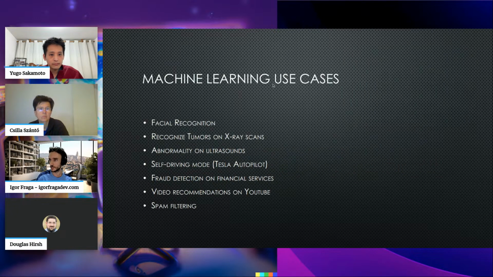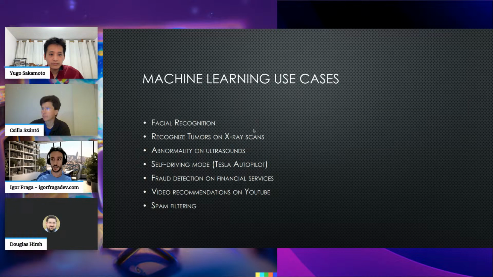Moving to a machine learning use case very quickly. We can use this for many cases. If in the place where you live you have facial recognition, it probably uses some kind of intelligence like the kind that machine learning provides.